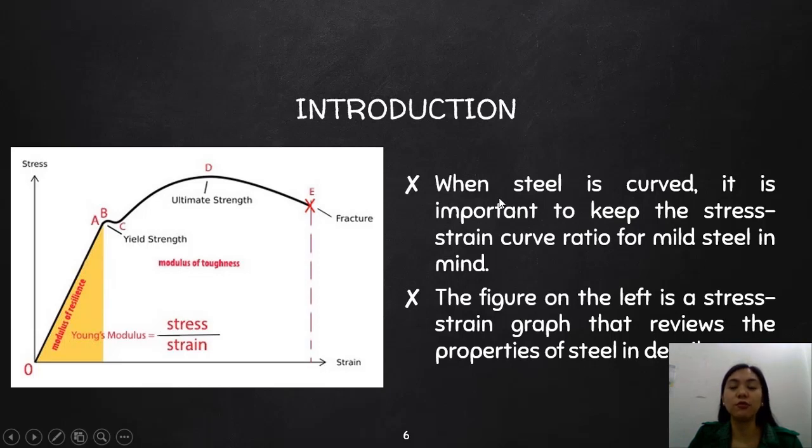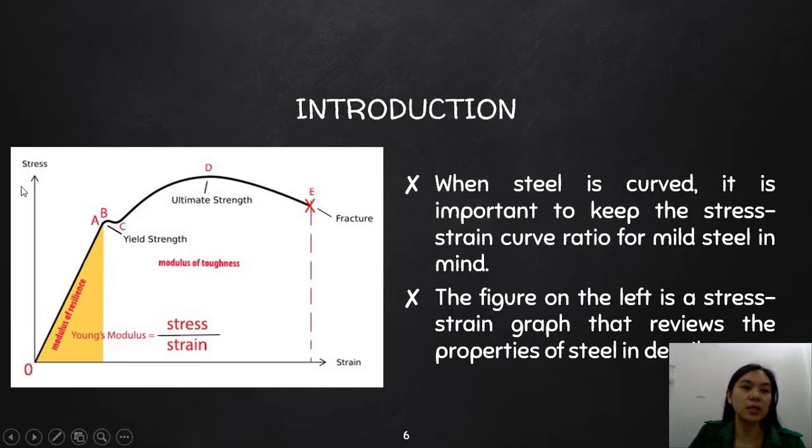Whenever you subject a force to your steel, might that be compression force or tension force, of course there are changes that will happen. This is what we call your stress-strain diagram, which shows the things that will happen when you subject your steel to a load.